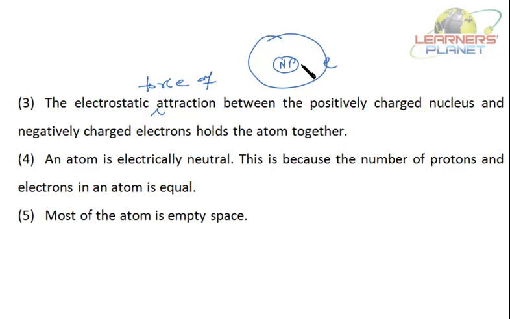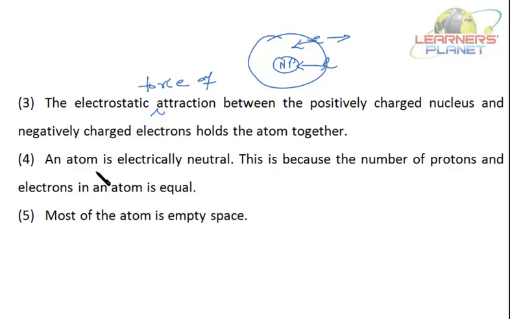There is a force of attraction between them. But why is the electron not collapsing into the nucleus? Because it is revolving at very high speed, and it is balanced at one position due to the 2 opposite forces, the centripetal force and the centrifugal force.